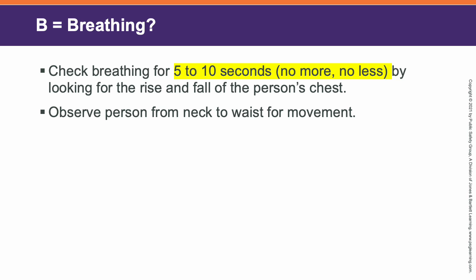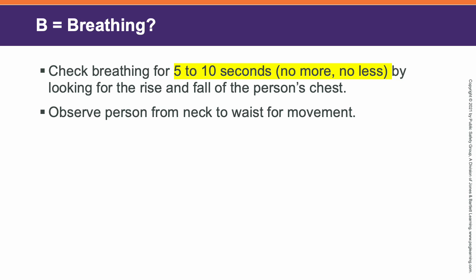To check for breathing, this is what you do. You put your ear down by the person's mouth and you look down their chest. You watch for their chest to rise, you listen for breath sounds, and you see if you can feel the air coming out of the person's mouth or nose onto your face.